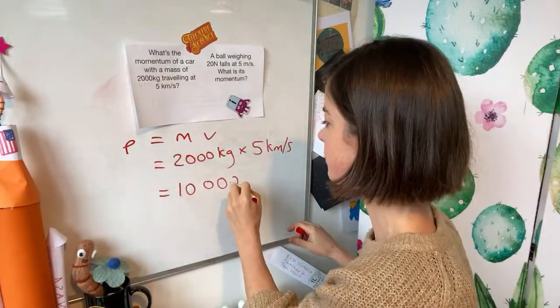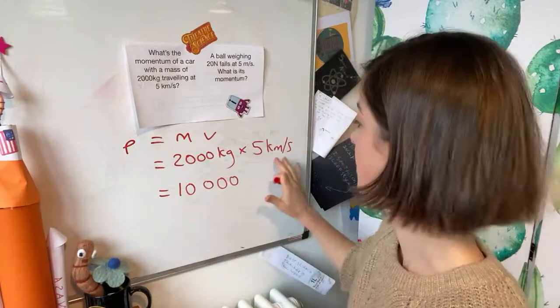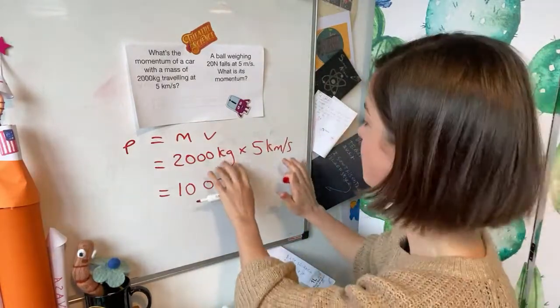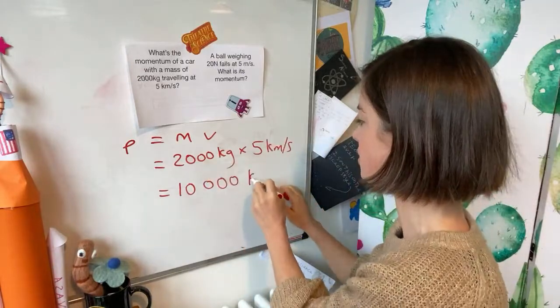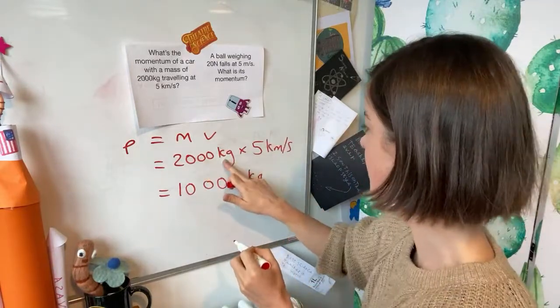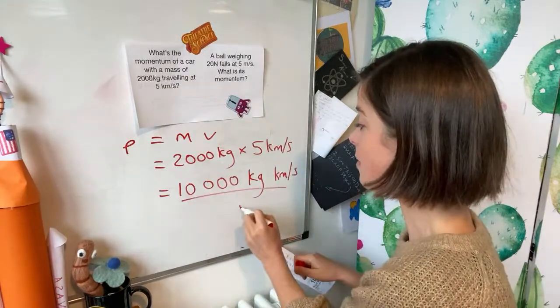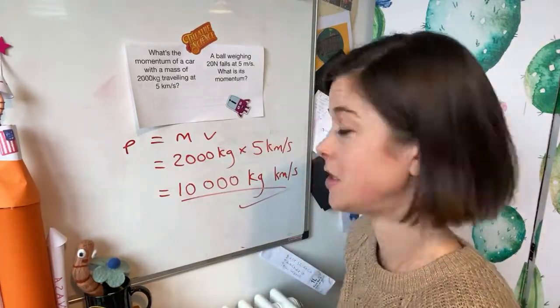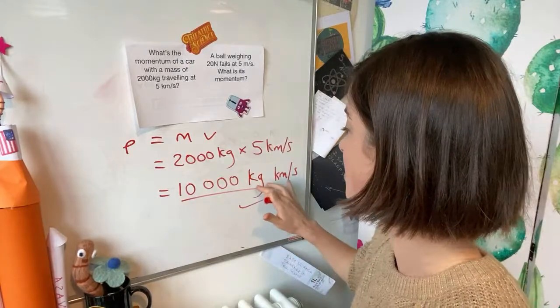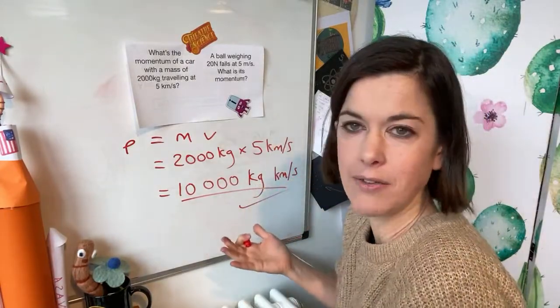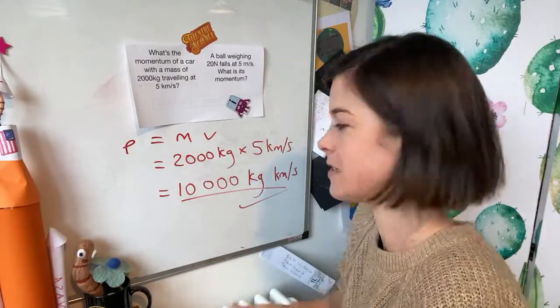You would get a mark for that, and another mark for units as long as you wrote down the correct units. If you've written your units in your working, you could write kilogram kilometres per second, and that would be okay. That would get you marks at iGCSE. That's not wrong. The unit of momentum can be kilogram kilometres per second, just like a unit of length could be centimetres or millimetres.